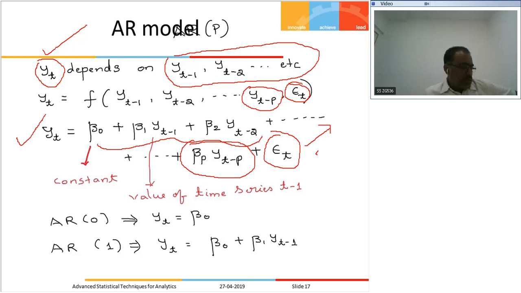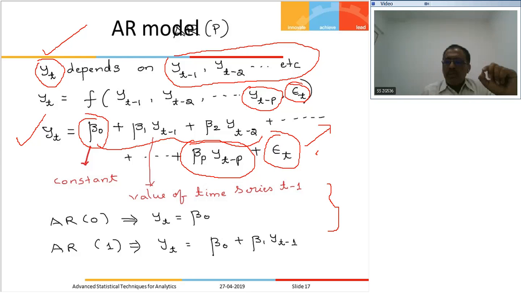If you remember the examples we tried, the first year, second year, third year we took as a window, and then we computed the averages. Similarly here, beta naught is with y0, then yt minus 1, yt minus 2, and so on. The window is up to t minus p.